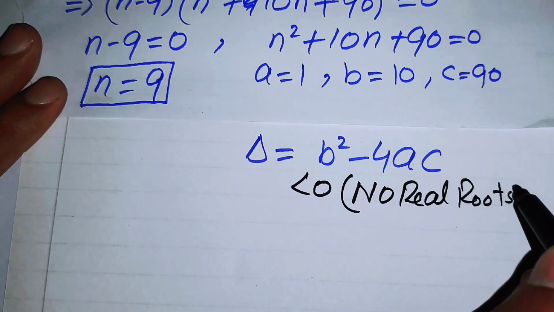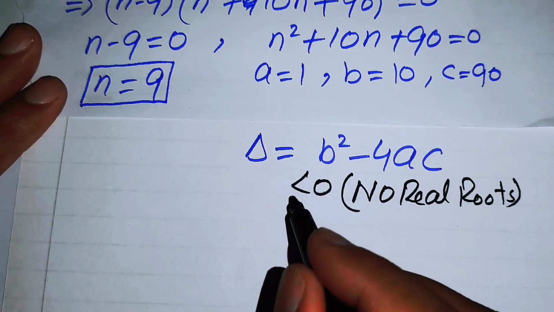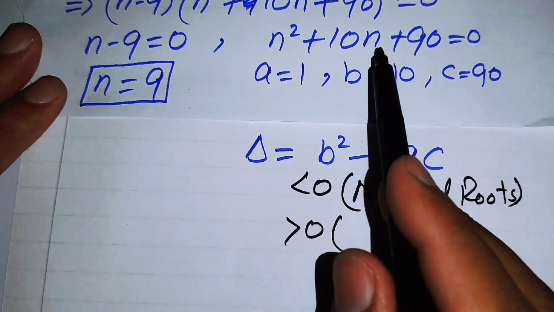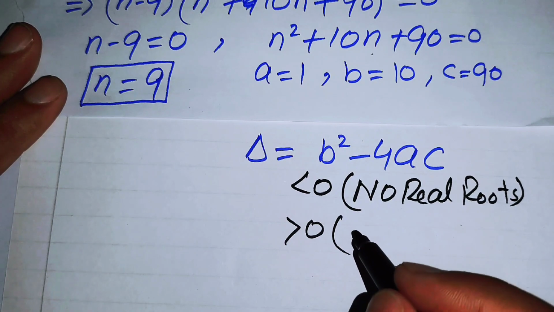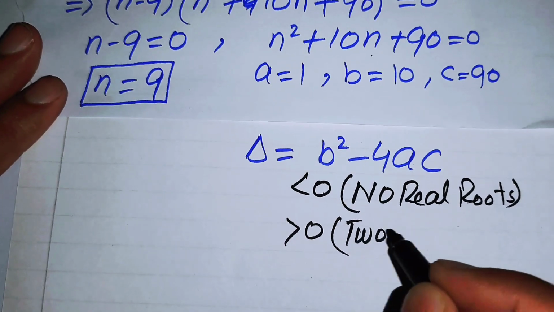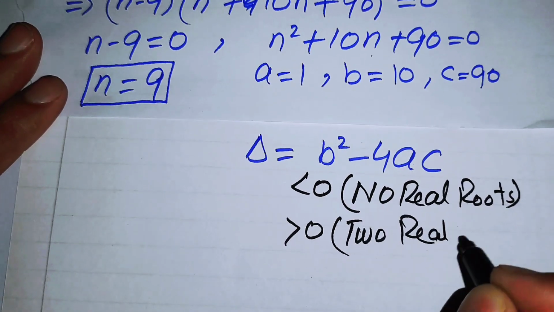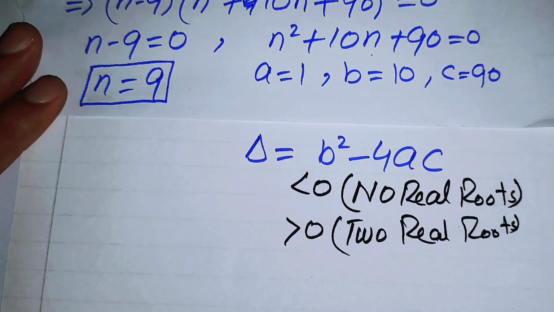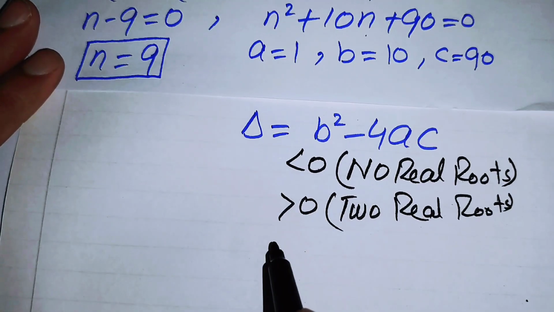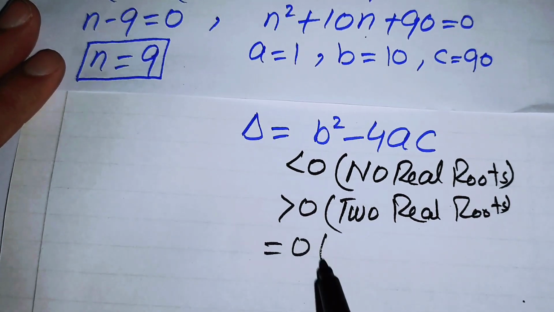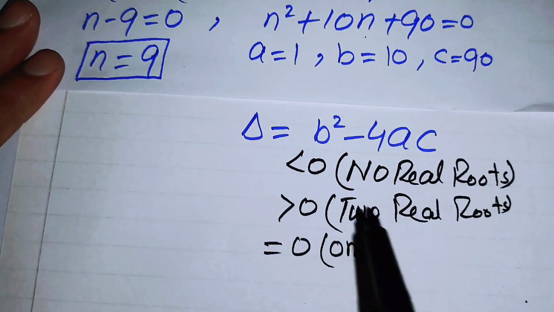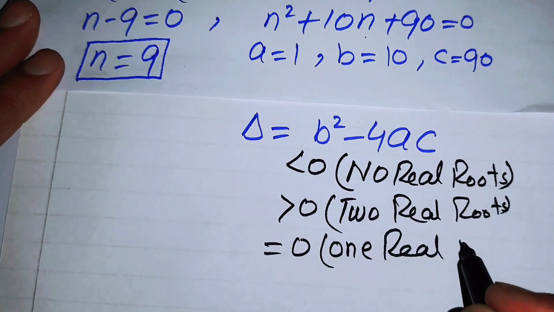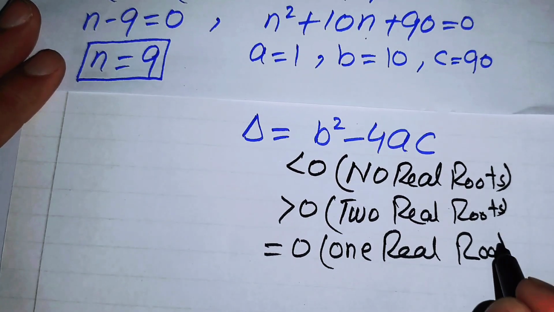If the discriminant is greater than 0, then we say that this quadratic equation has two real roots. And similarly, if delta is equal to 0, then we can say that this quadratic equation has one real root.